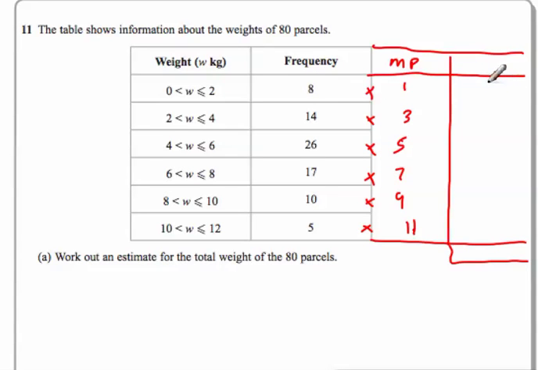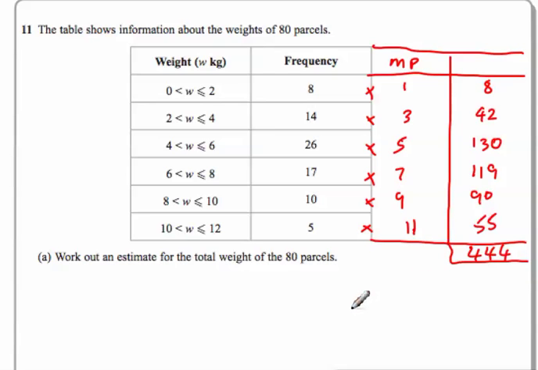So that'll be 1 times 8 is 8, 3 lots of 14 is 42, 130, 70 plus 49 is 119, 90 and 55, and that gives us 444. Now, what do we divide by?